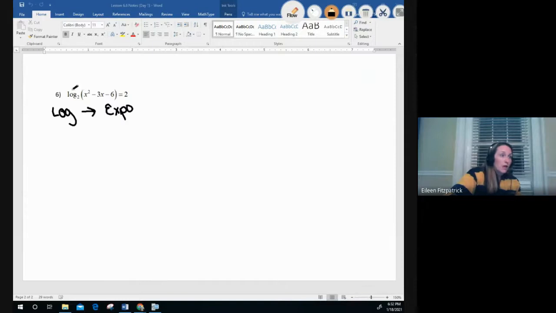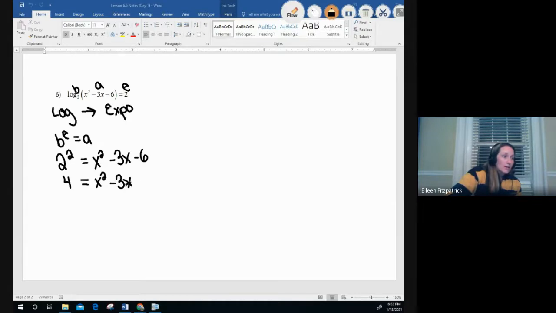All right, so log form is bacon and eggs. Expo form is base raised to an exponent equals an answer. So it's 2 squared equals x squared minus 3x minus 6. So that's 4 equals x squared minus 3x minus 6. Since this is quadratic, I want to set it equal to 0, factor, and solve. So subtract 4 from both sides.